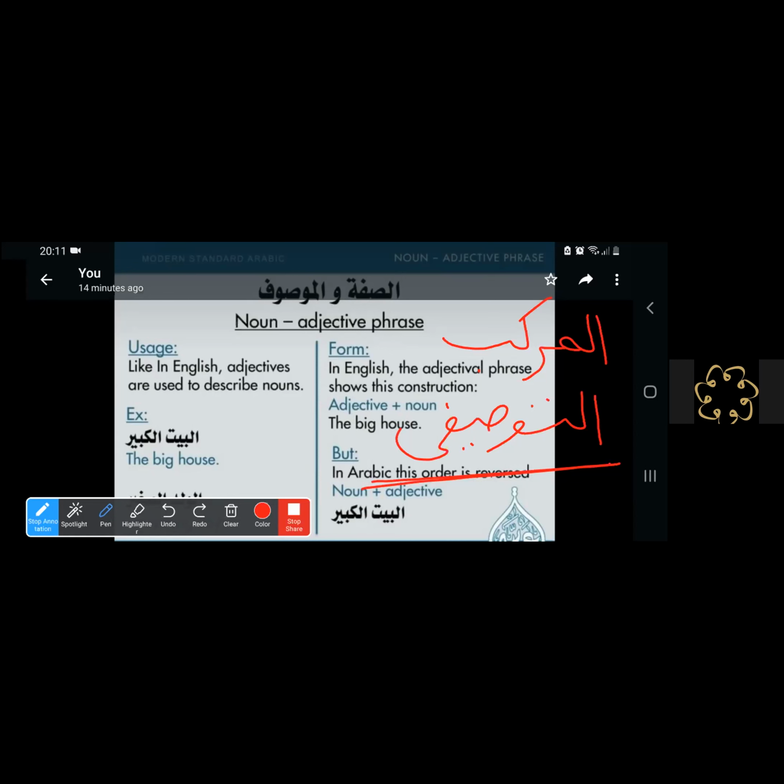There are two types of compound noun. One is adjective that you know, another is your apostrophe S. When you are relating something, as I have given you the examples, كتاب فلان, Aisha's book, King's Crown, this apostrophe S, it's murakkab idafi. This we are not going to take today. Today we are taking murakkab tawsifi.